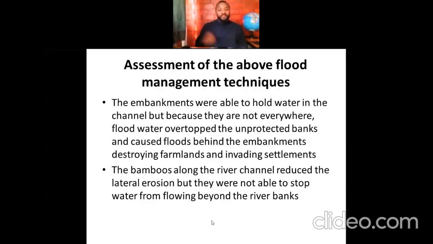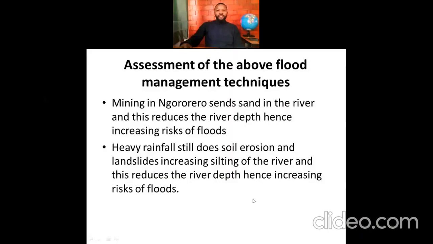And this has been destroying the measures used to manage river floods of Sebeya as follows. So mining still is taking place in Ngororero district, and it still sends sand in the river.